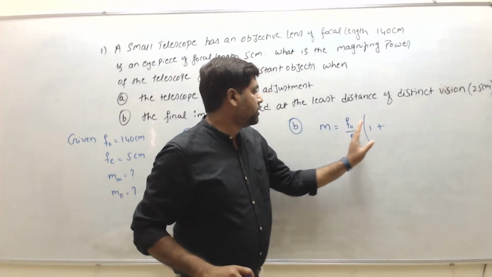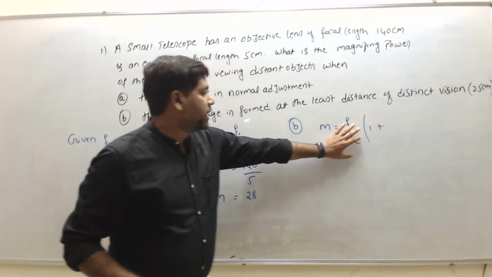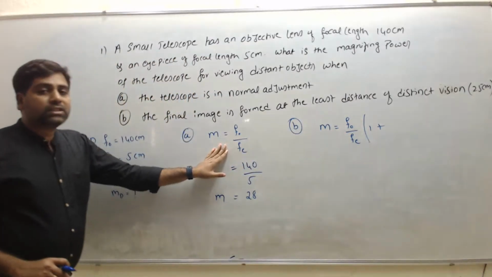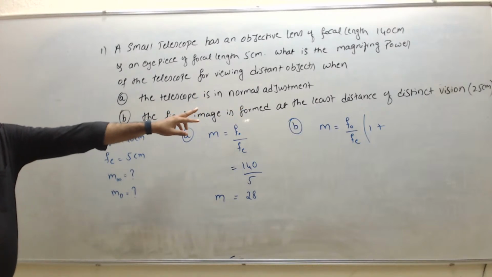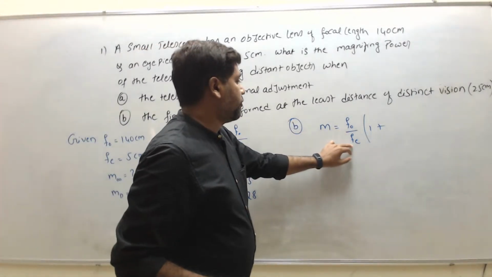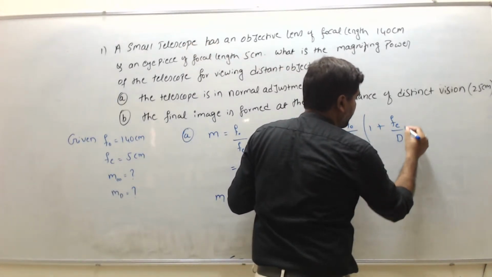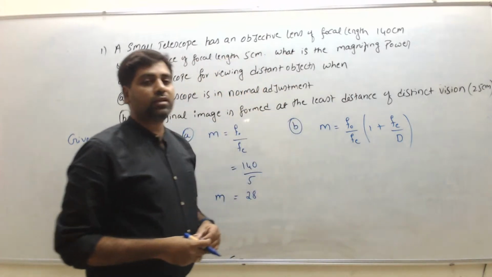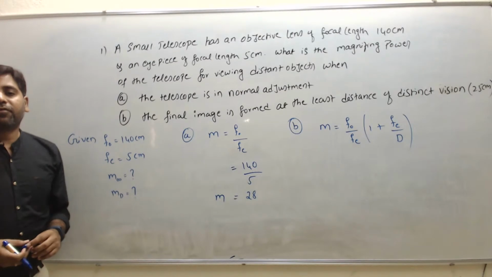If we didn't consider this term, it becomes only for the image is formed at infinity. So this is the formula for least distance of distinct vision.